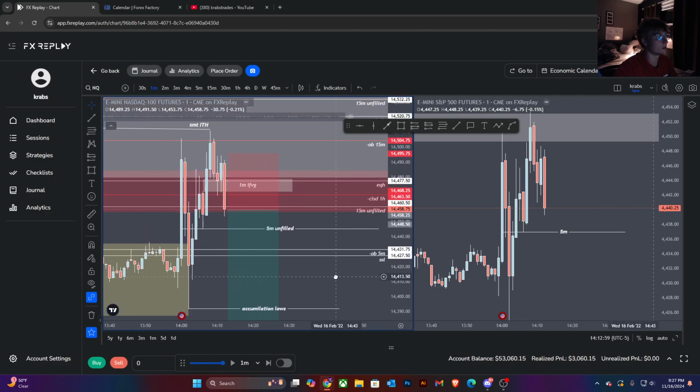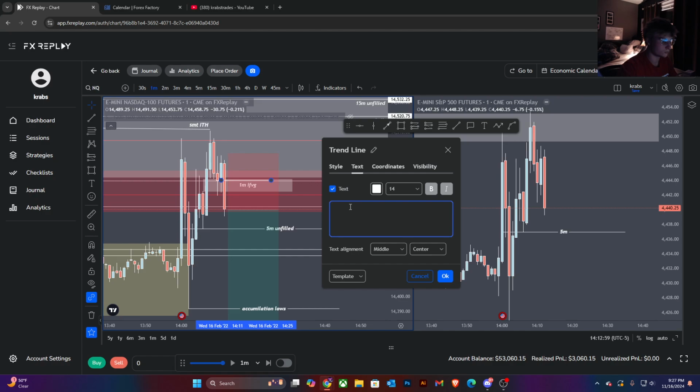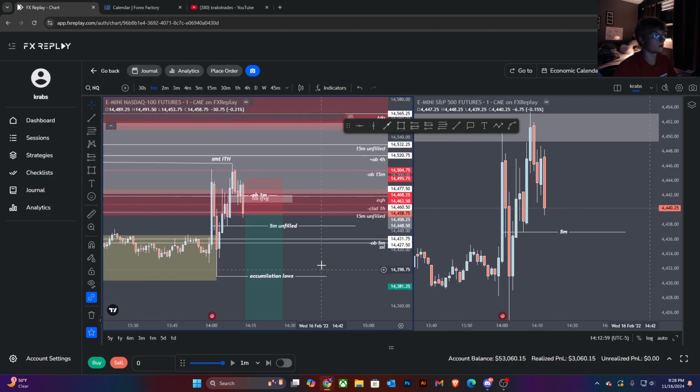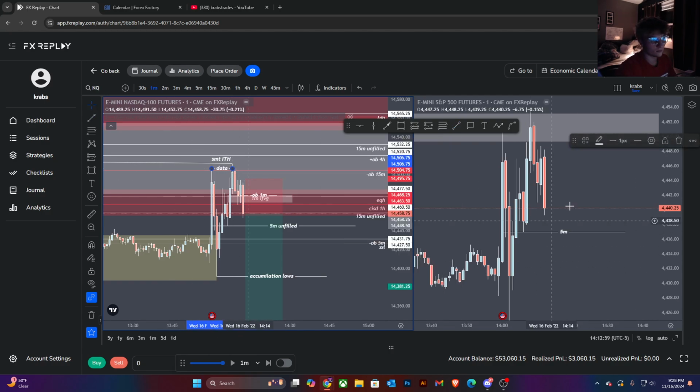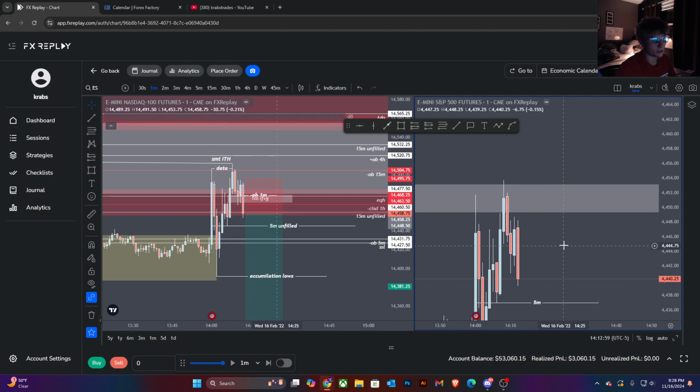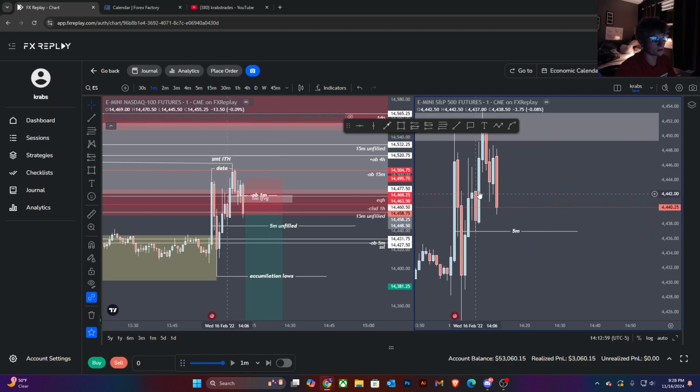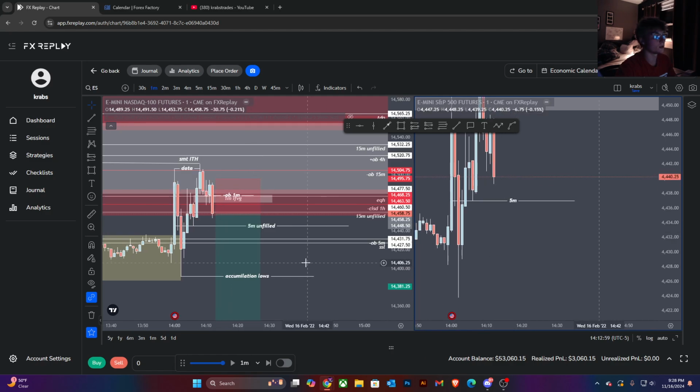Also, I like how we put in order block here. But yeah, everything here looks to be aligned for a sell-off right now. Also, this was a sweep of data high as well. Great liquidity pool to sweep. As well, ES looks correlated, inversed. ES already inversed on 1 minute.